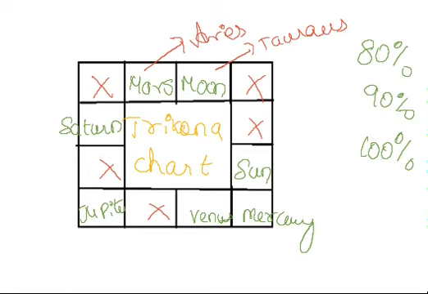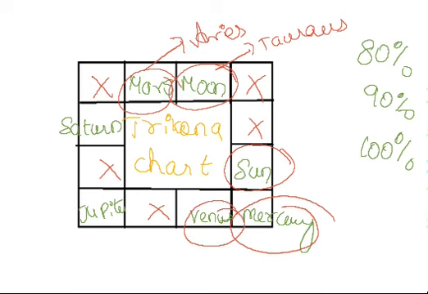So in each and every house, the Mula Trikona planet is placed. If in anybody's chart the Sun or Mercury or Venus is placed as per this position, then it will yield 100% auspicious results.